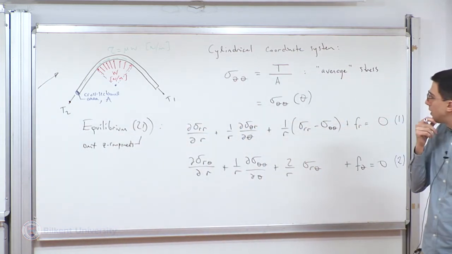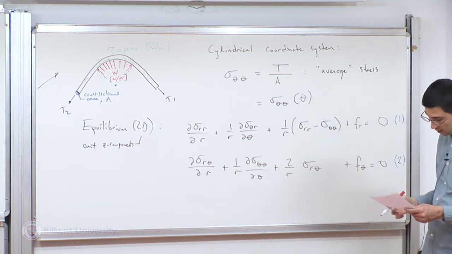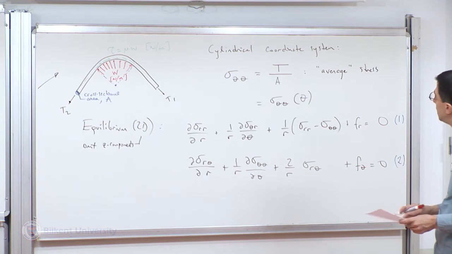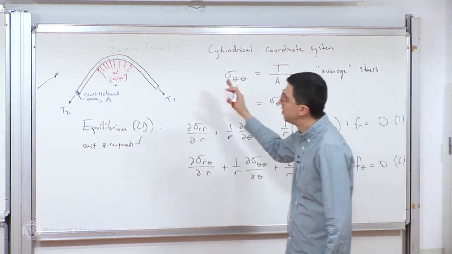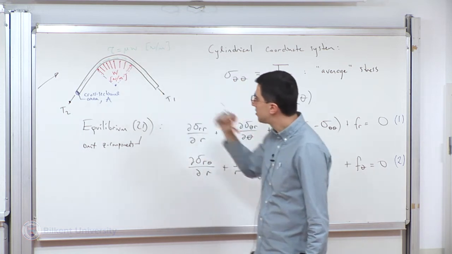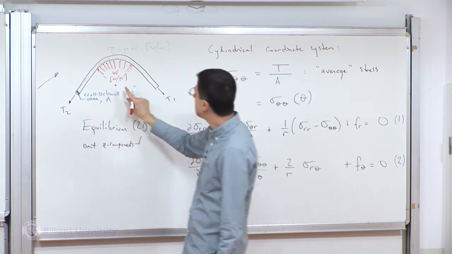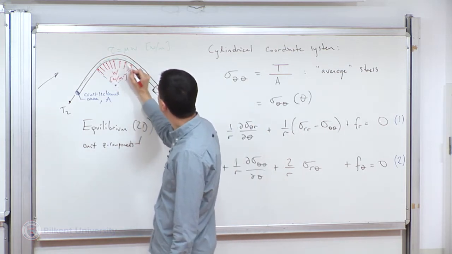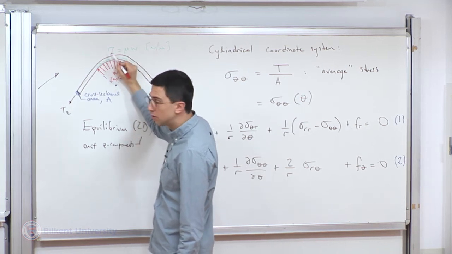Okay. Now, I have to essentially cancel a few components here, right? So I said I'm only interested in sigma theta theta. Well, sigma RR is going to be something that's negligible for us. We don't really care. So sigma RR would be the normal stress that is induced due to this force distribution, which is in the radial direction.